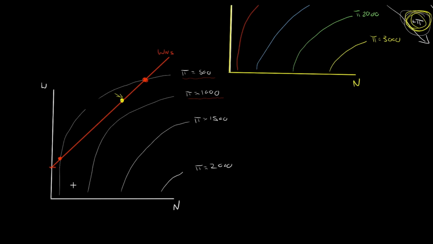And if we were to visualize that, it would be something like that maybe. Let's say, just ballpark, maybe that's something like an isoprofit of 900. Right there, we are just at that $900 isoprofit curve, and we are on our feasibility set. We cannot get to any higher level of profit than that.